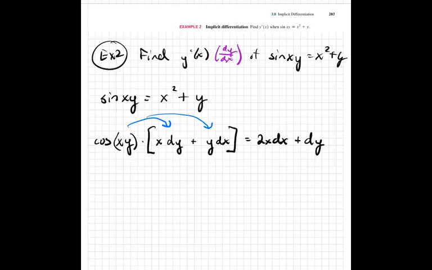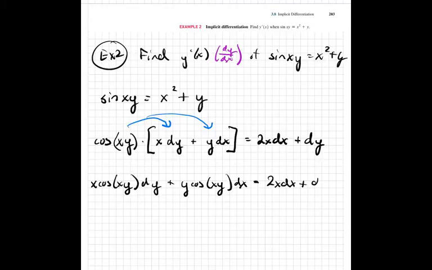If we distribute, we're going to have x cosine of xy dy plus y cosine of xy dx equals 2x dx plus dy.